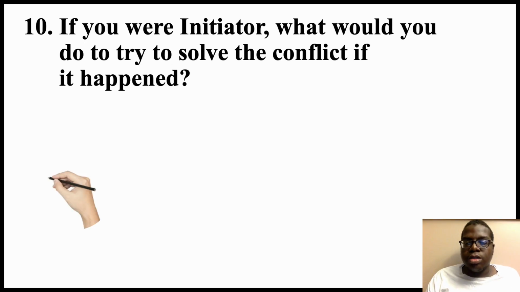Read the question. Question 10. If you were initiator, what will you do to try to solve the conflict if it happened? Think about the snippet. How can I correct the conflict to try to make things positive? I would apologize and pick up her books.